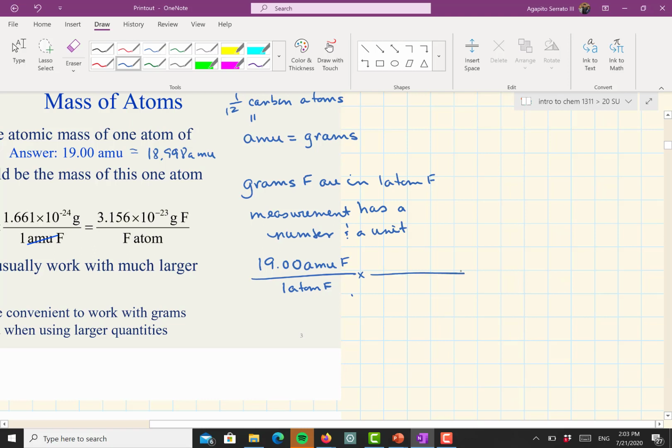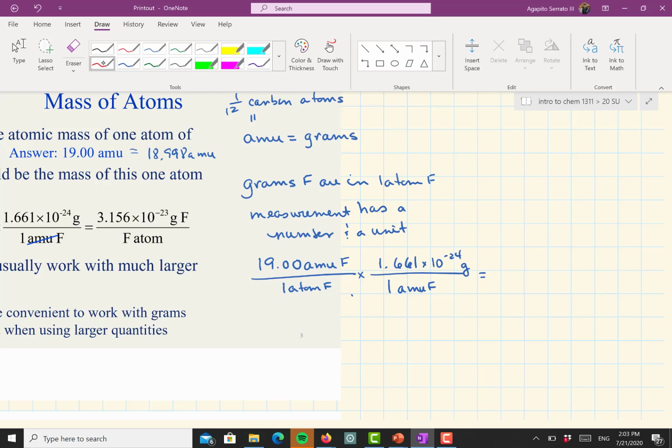So our conversion factor we already know is 1.661 times 10 to the negative 24 power grams, and this is equal to 1 AMU of fluorine. Okay.